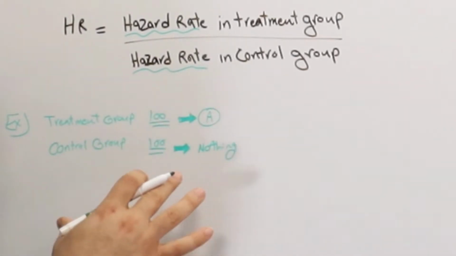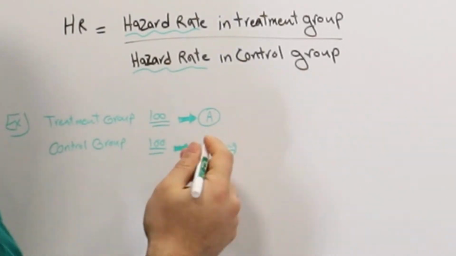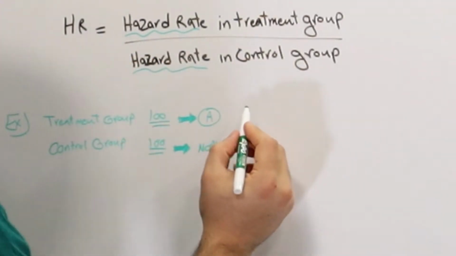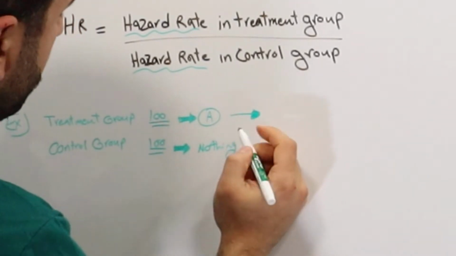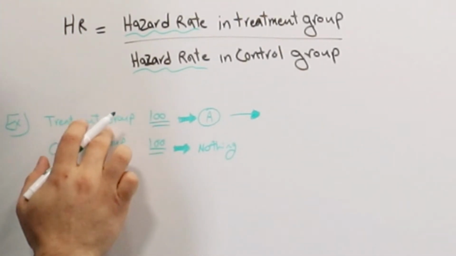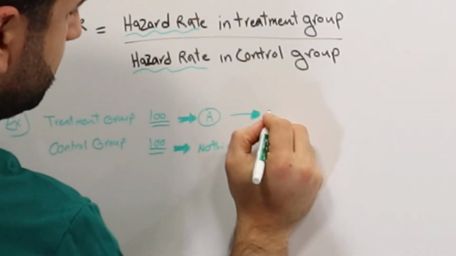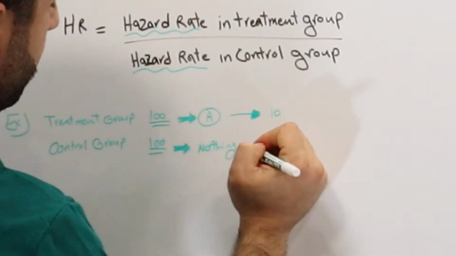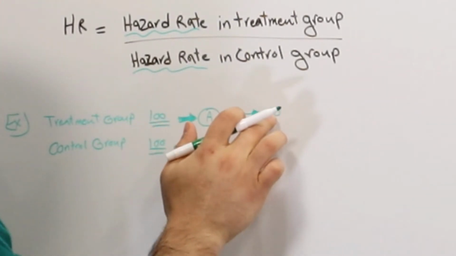Let's say we waited 30 days, and then we noticed that the number of deaths in this group was 10 people. 10 people out of 100 after taking medication A died.